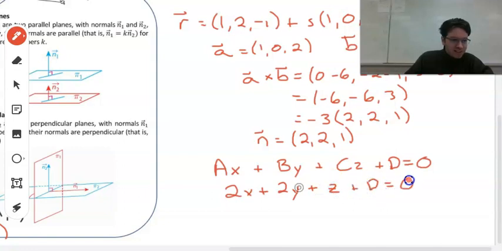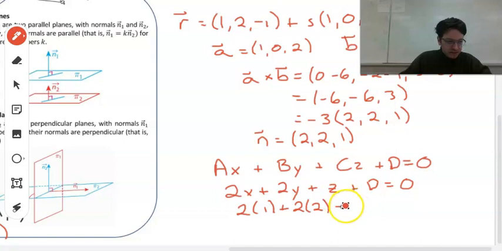Now to figure out what d is, we need a point on the plane. Well, they give us a point on the plane right there in our vector form of the equation. So let's substitute those numbers in and solve for d. So when we do that, we'll have 2 times 1 plus 2 times 2 minus negative 1.